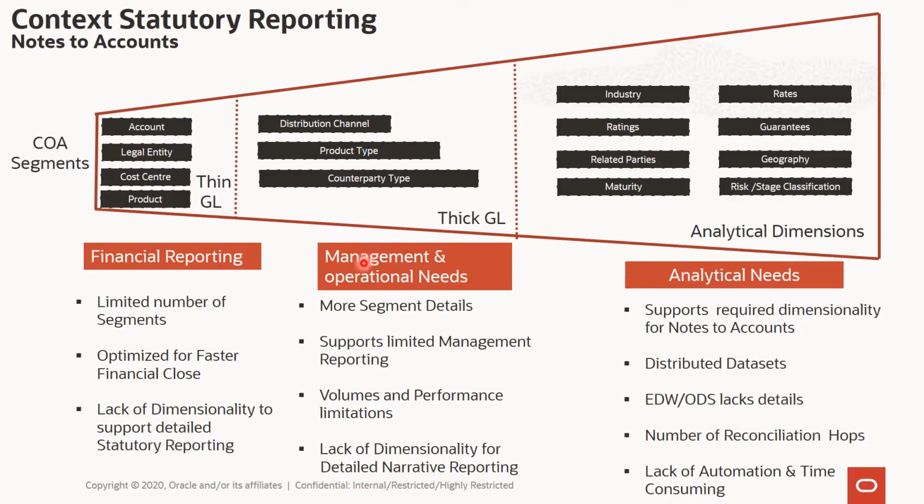Of course, this very well supports your management operational needs with more segment details. However, this falls short in terms of dimensionality to support detailed notes to accounts for your statutory reporting.